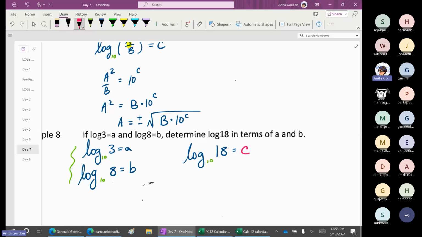Let's get creative. Can we write log 18 as a product of two numbers? Okay, what makes 18?